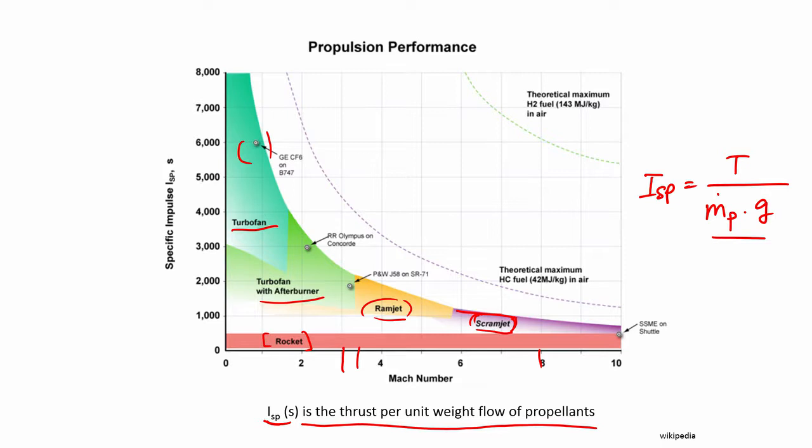So with a given mass of fuel that you are carrying, or the given weight flow rate of propellant, you generate more thrust in a scramjet than you generate for a rocket. So economically, at least in theory, scramjets are a much more viable option for cruising, for long distance travel from one place to another, as opposed to a rocket.